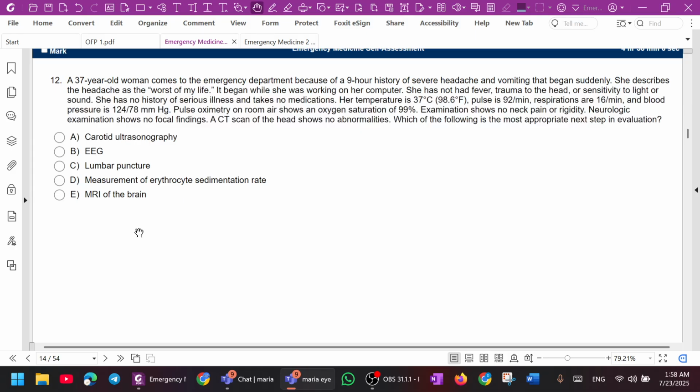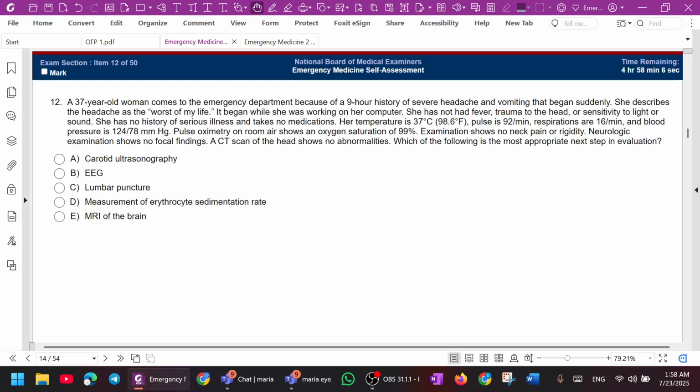Do you think we go straight to lumbar puncture, or do you think MRI? Are you thinking about IIH? What is your diagnosis? No, I thought it was just subarachnoid hemorrhage.